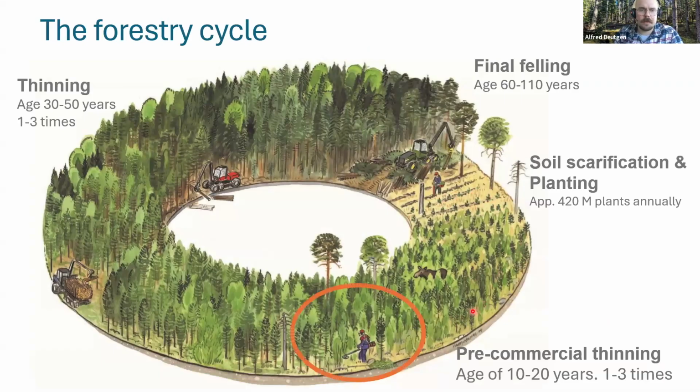You do a pre-commercial thinning with a brush saw to lower the stem density, and then you will perform 1 to 3 thinnings, where you also remove quite a lot of the broadleaves that are left, and in the end you will do a final felling, where most of the time it's either spruce or pine left. The planting of spruce is also quite often with improved or bred material, so they have a higher growth. Should come back to why that's important.